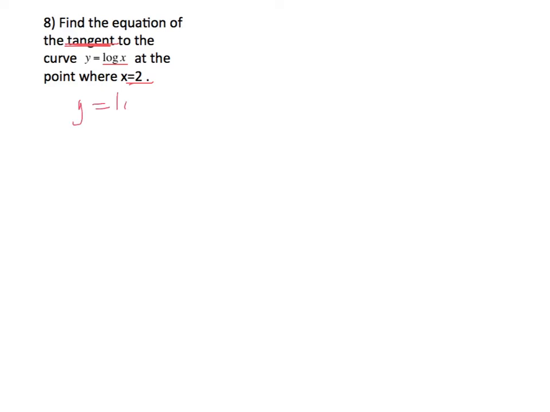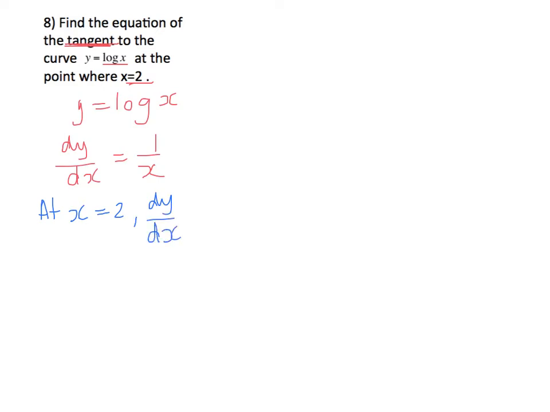So if y equals log x, then the gradient function, dy/dx, is equal to 1 on x. We want to find the gradient at x equals 2. So at x equals 2, the gradient of the tangent will be the value of the first derivative. Subbing in 2 for the x there, and we get half.